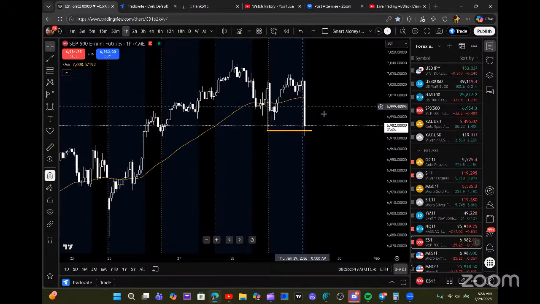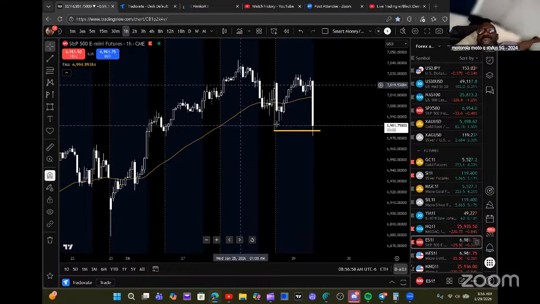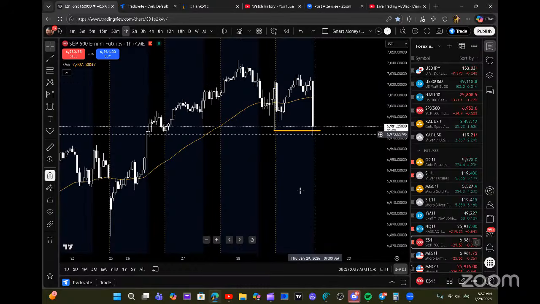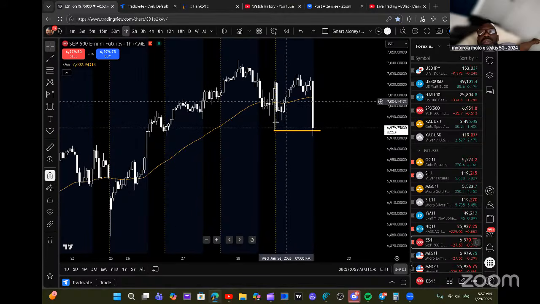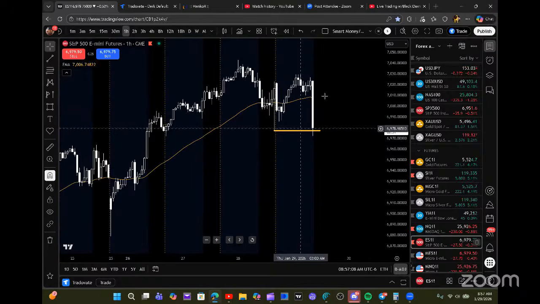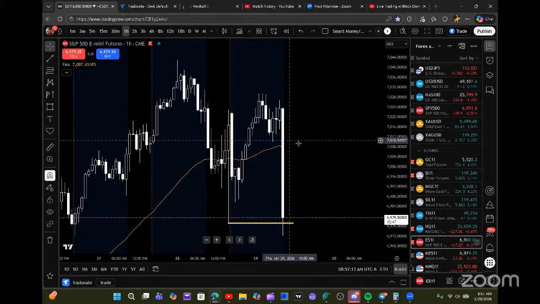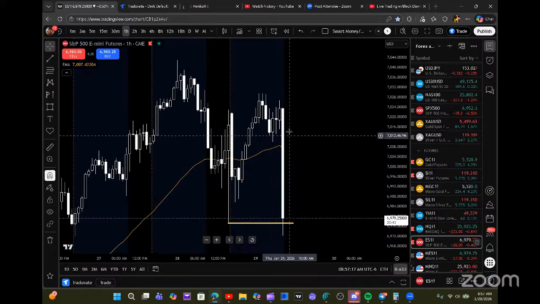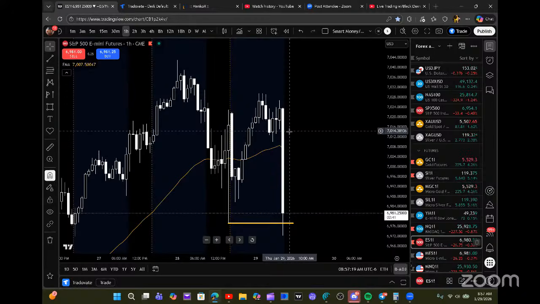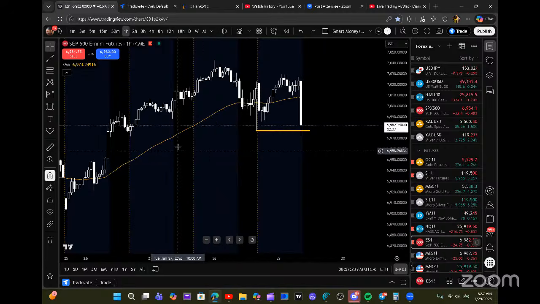Because sometimes we might have two or three, multiple fair value gaps, or a fair value gap that might get violated. Well, what happens is that low volume node will show you a fair value gap, and then it'll show you the one that you can most likely take your trade from. You use those to trade from.